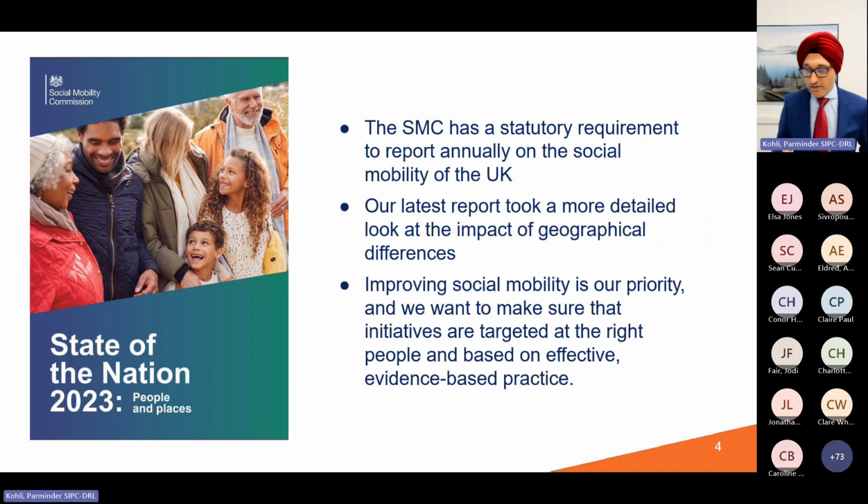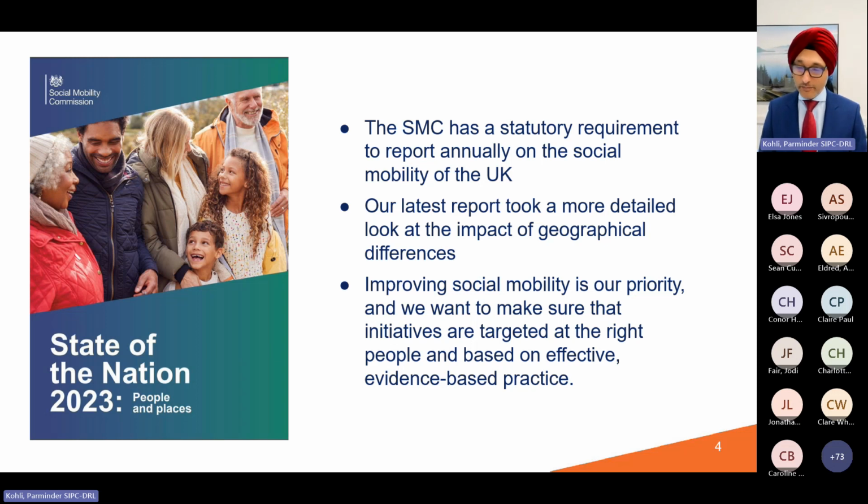Now, I talked about the big objective or key purpose of the Social Mobility Commission, which is to produce an annual report, called the State of the Nation report. And last year, and every year, we expand and improve on the report.